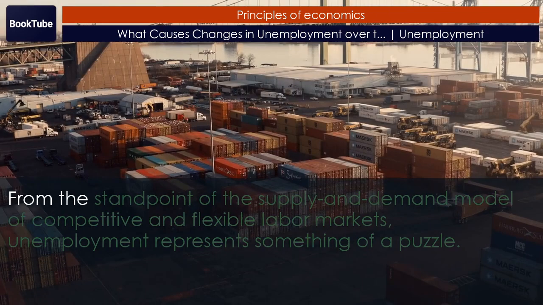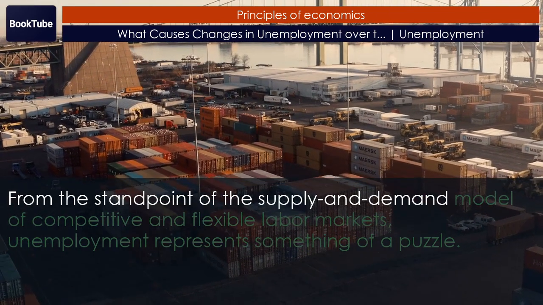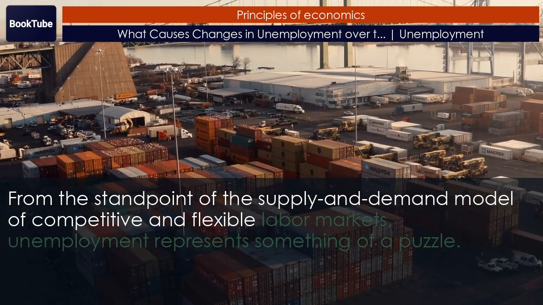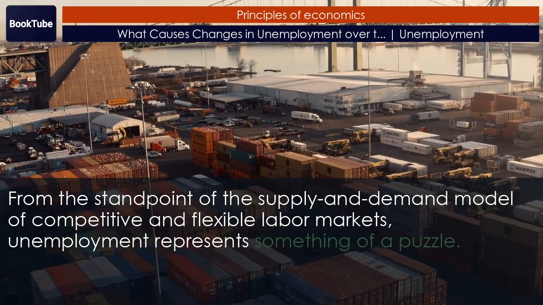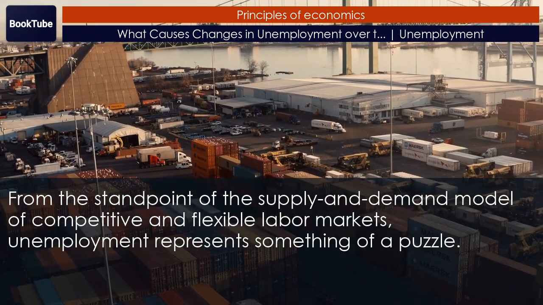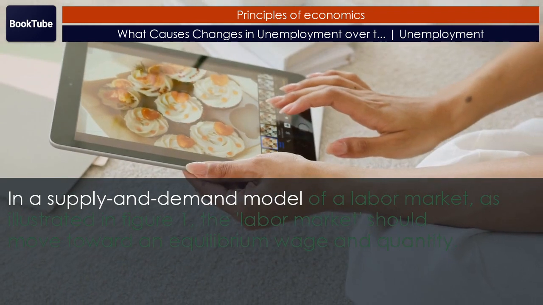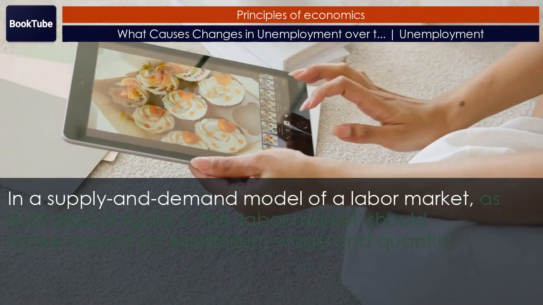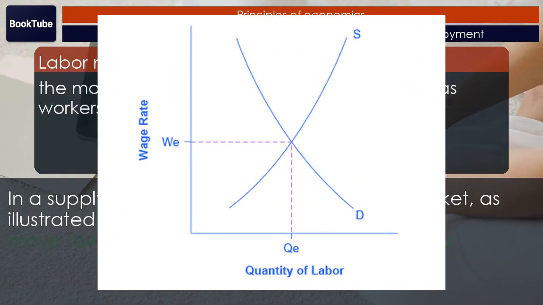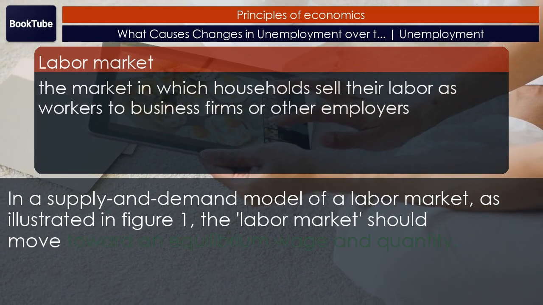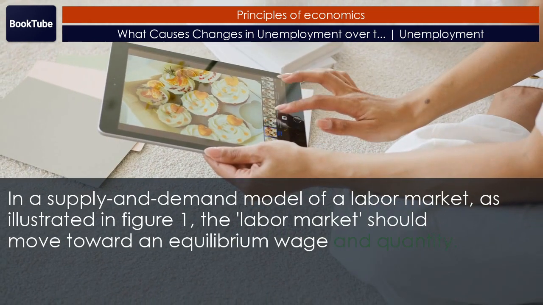From the standpoint of the supply and demand model of competitive and flexible labor markets, unemployment represents something of a puzzle. In a supply and demand model of a labor market, as illustrated in Figure 1, the labor market should move toward an equilibrium wage and quantity.